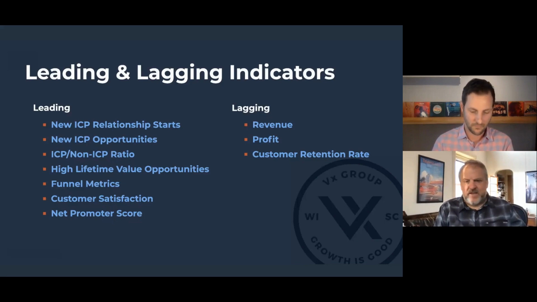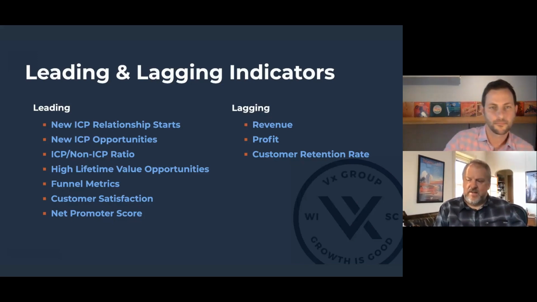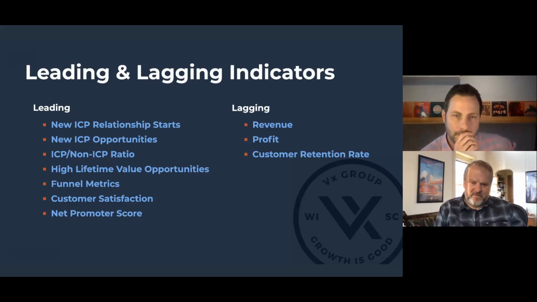Lagging indicators, the biggest ones are revenue and profit. Again, we can't really do anything about those things once they've happened. Customer retention rate sits on both, because you can affect it, but that's based on improving things like customer satisfaction, making sure that your products are in line and delivering on the promises that you make, making sure that your pricing is competitive, et cetera.